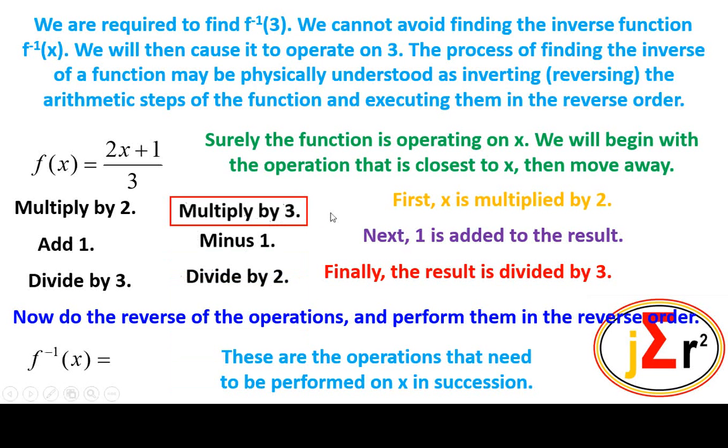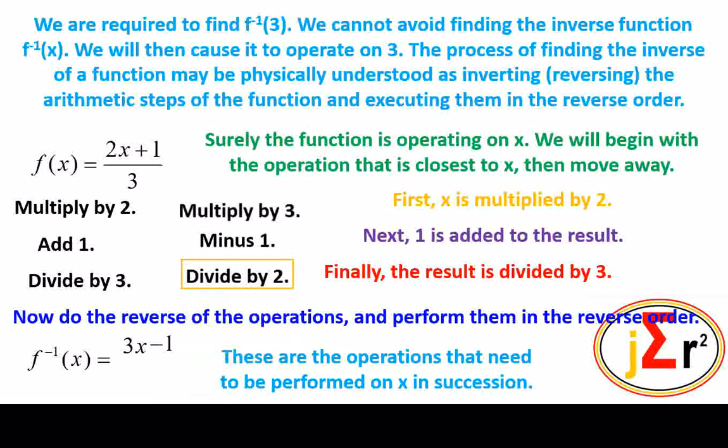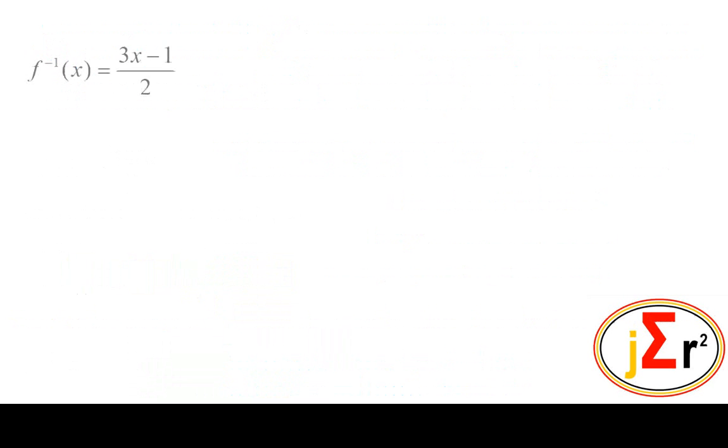Multiply by 3. That is what we will do first. x times 3 is 3x. Then minus 1. We will subtract 1. Divide by 2 will be the next one. So divide by 2, and we have our inverse function f inverse of x.